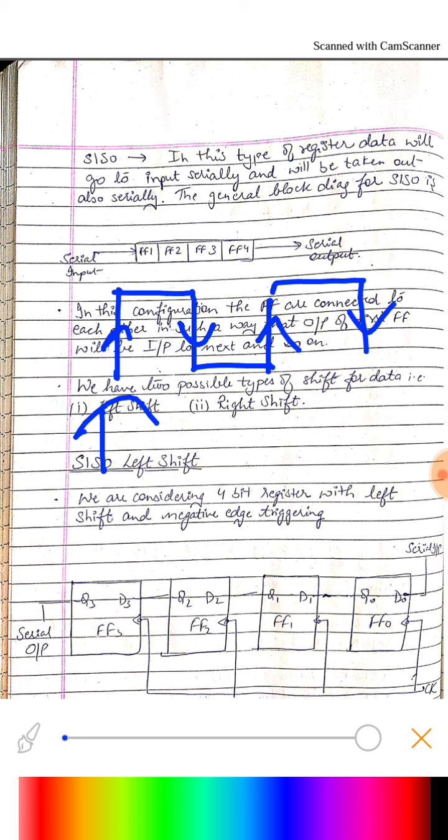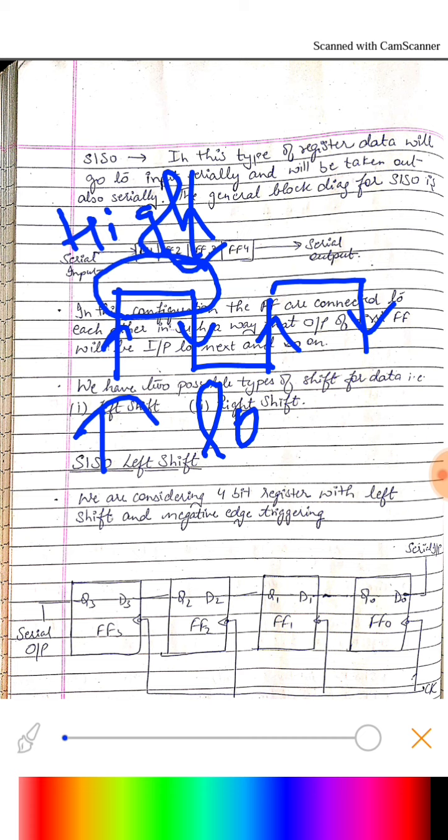So data will be entered into the flip-flop only at the negative edges, when the clock goes from high to low. That is what negative edge triggering is all about.